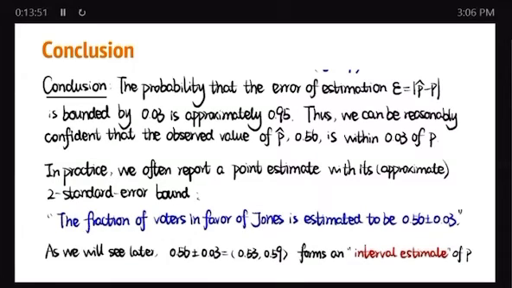Take a look at that. In practice, we often report a point estimate within the 2 standard error bound. If I want my report to make sense, I can say the fraction of voters in favor of John is estimated to be 0.56 plus or minus 0.03. When you listen to the news, when CNN, MSNBC, Fox News, and the like make projections in elections, they always say within a certain margin of error.